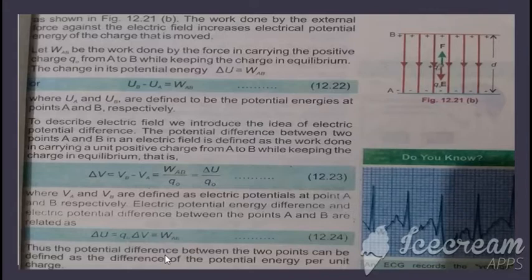Thus the potential difference between the 2 points can be defined as the difference of the potential energy per unit charge.